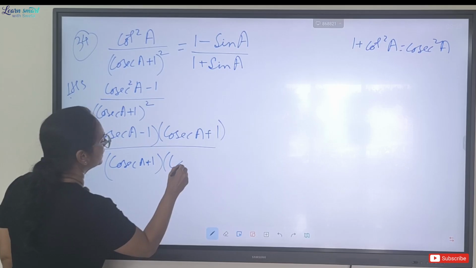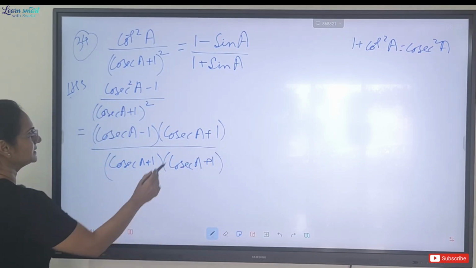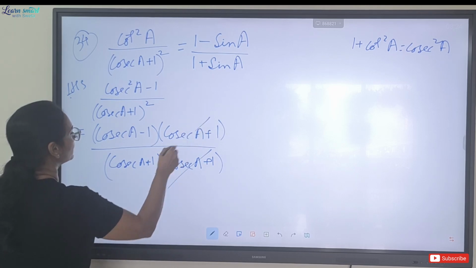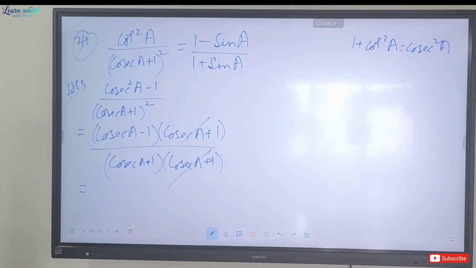Now I can cancel cosec A plus 1 with cosec A plus 1. What I am left with is cosec A minus 1 upon cosec A plus 1.